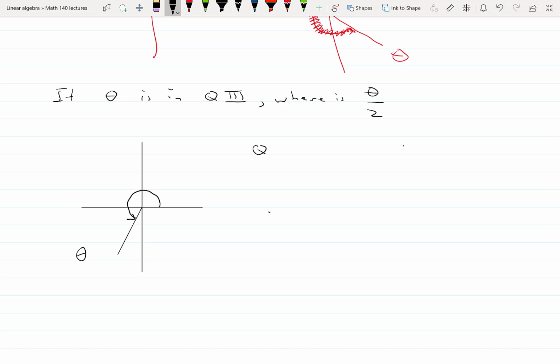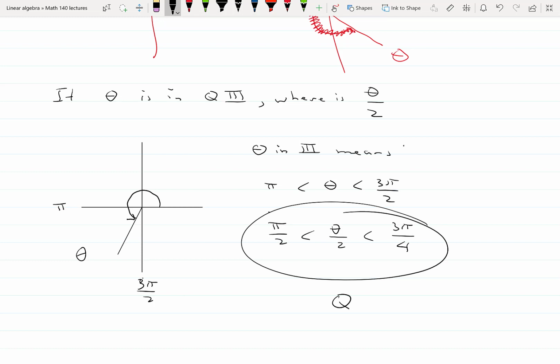Theta in 3 means that theta is between where and where? It's between pi and 3 pi over 2. So multiply all three sides by 1/2. And theta over 2 must be between pi over 2 and 3 pi over 4.